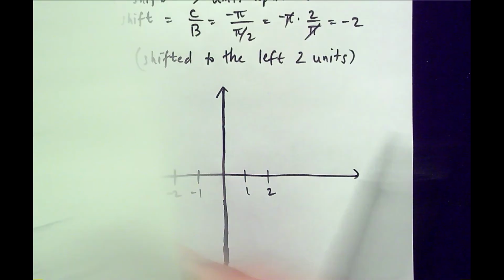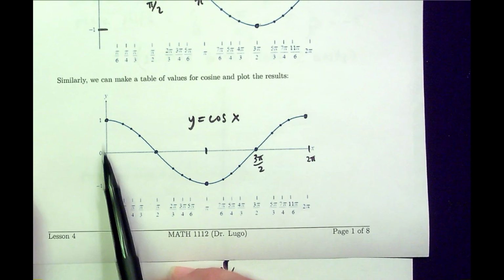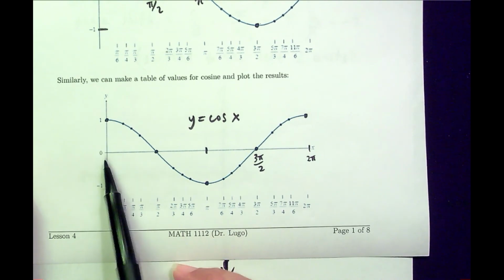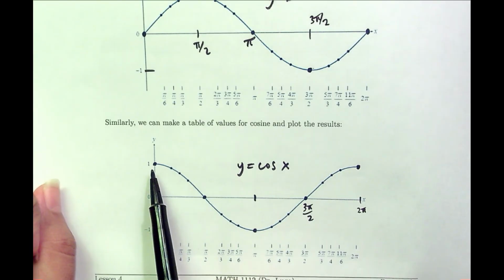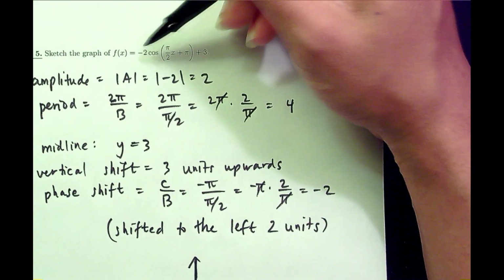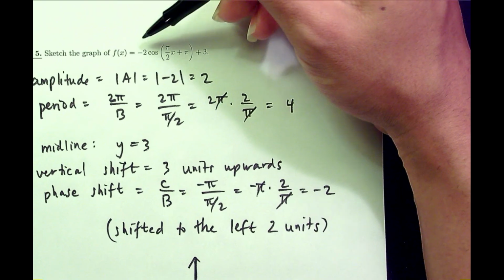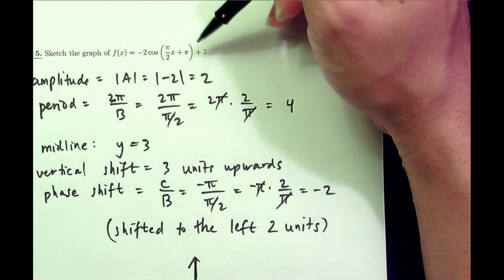Let's do it. All right, the y-coordinate of the point that goes above our first tick mark right here is, in the original graph, 1. But in this one, I'm going to multiply by a and add d. So 1 times -2 is -2 plus 3 is 1. So that's where we end at, 1.